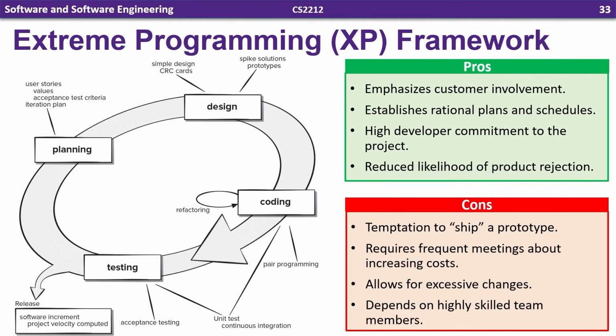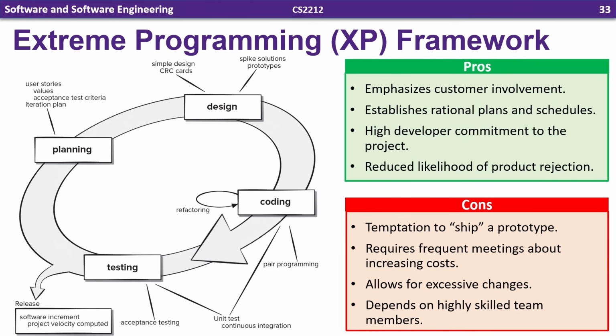Here we can see a bit of a visual representation of this process, and you'll notice that there is refactoring on that code. So we have a feedback loop there that incorporates design and refactoring in the actual coding process. There are some pros and cons to this method. The pros are it emphasizes customer involvement, establishes rational plans and schedules, and high developer commitment to the project.